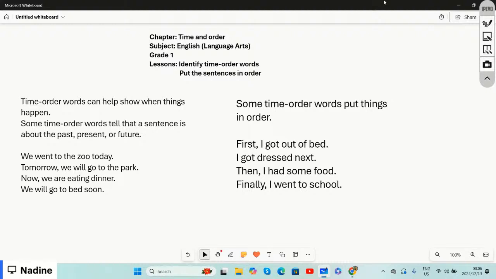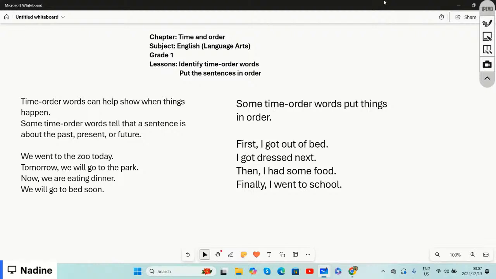So it shows us the periods of time when certain things happen, like today, first, last, yesterday, earlier, tomorrow, now, soon. Those are words that give us an idea of when things happen, and we call those time order words.